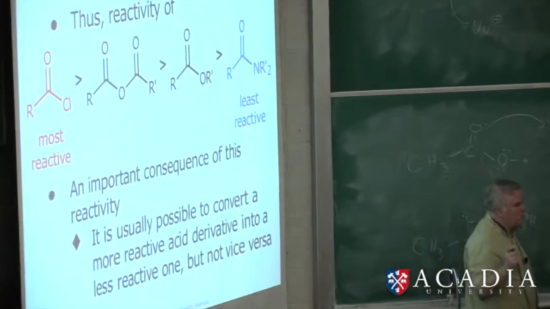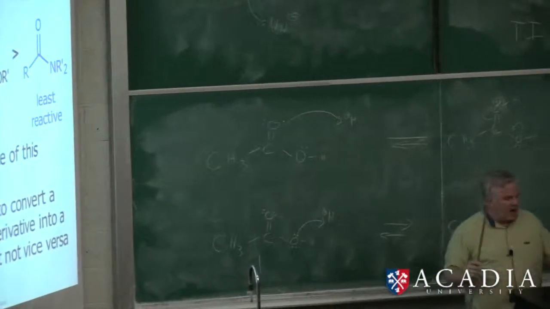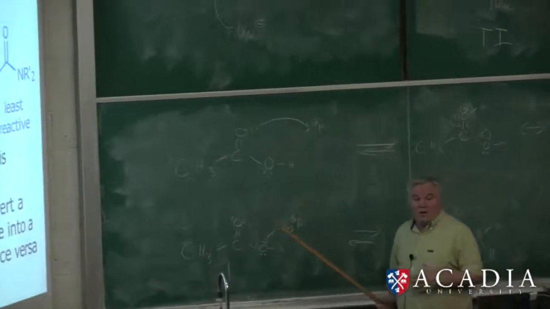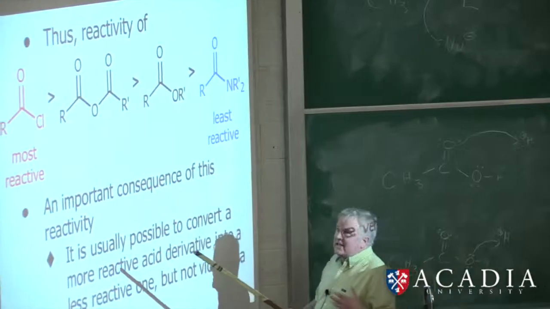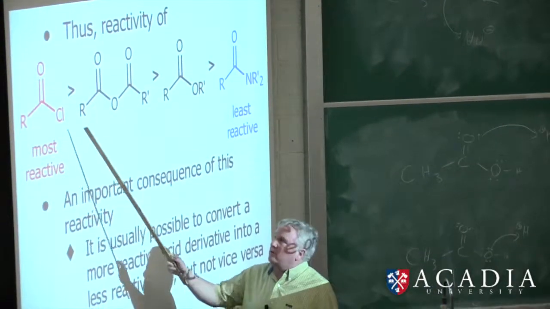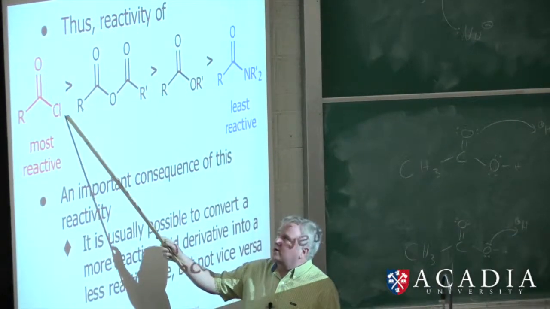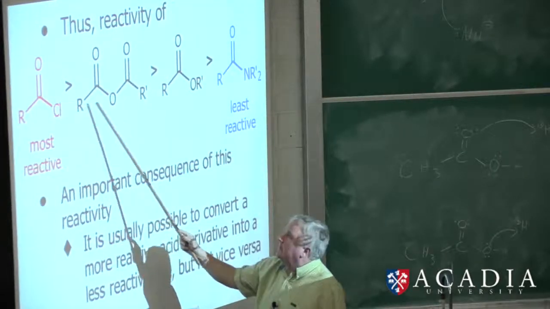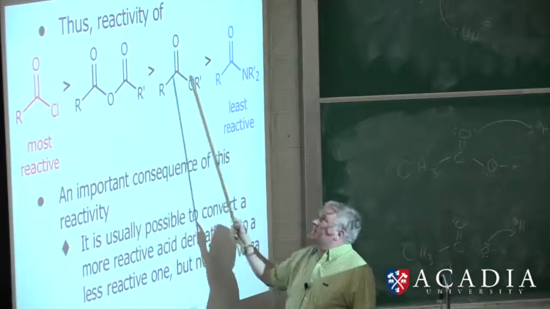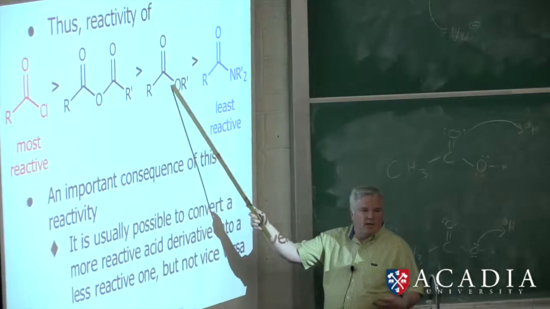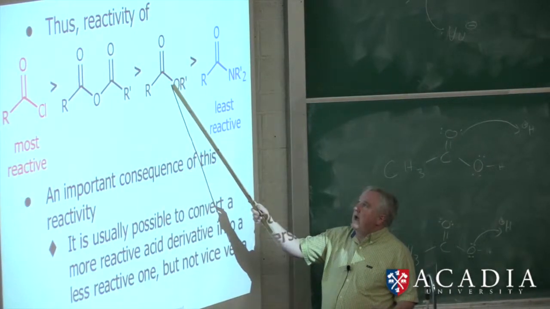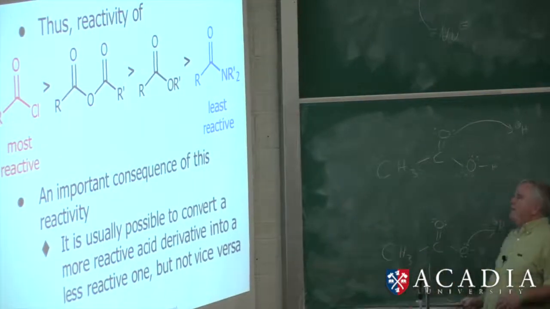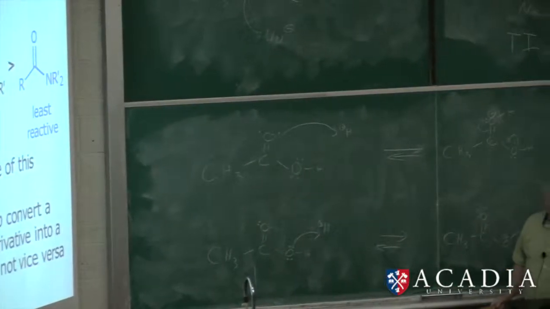In fact, we have to go to fairly harsh conditions to hydrolyze an amide. So when we think of these things reacting with water, they can react with water or they could react with hydroxide. Hydroxide would react very quickly with this, just knock off the chloride. Fairly quickly with this, less quickly with this, but it will tend to react, and we'll look at that reaction specifically, and even less with the amides.